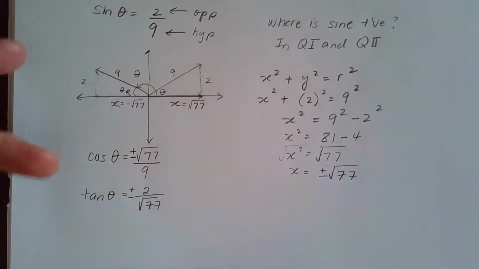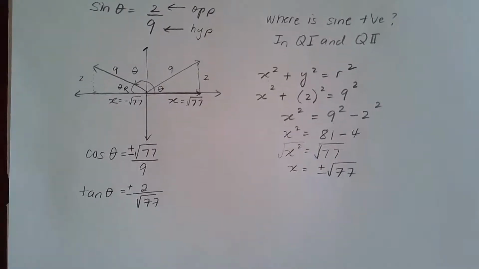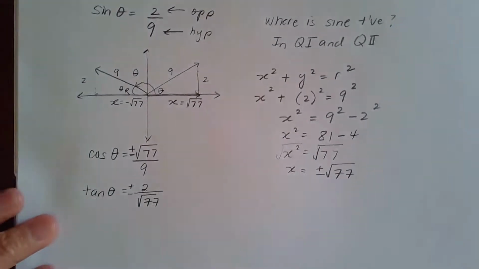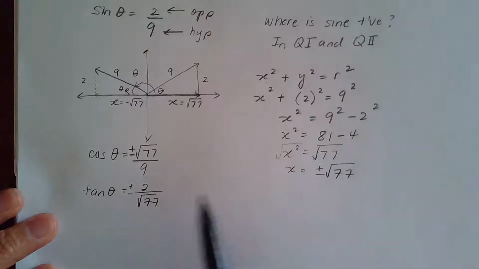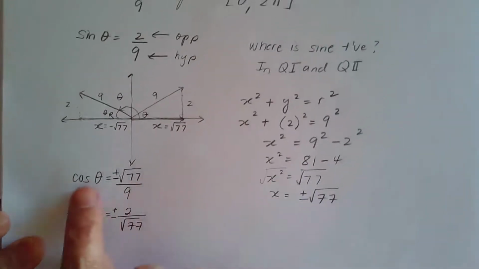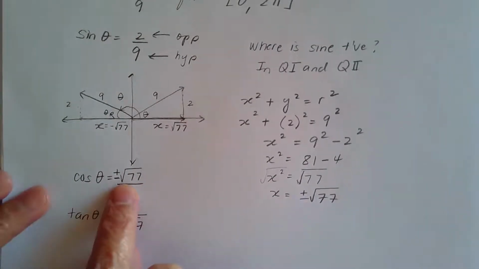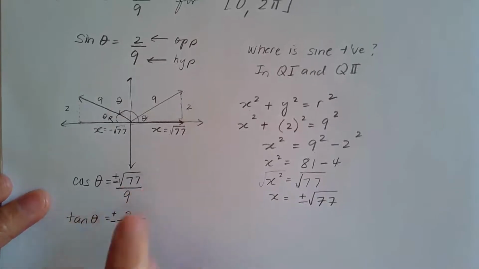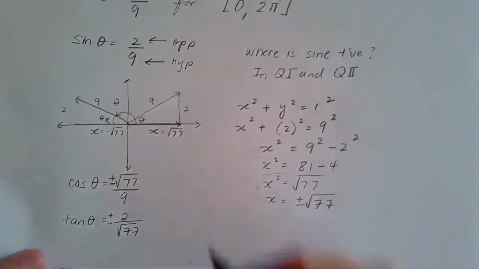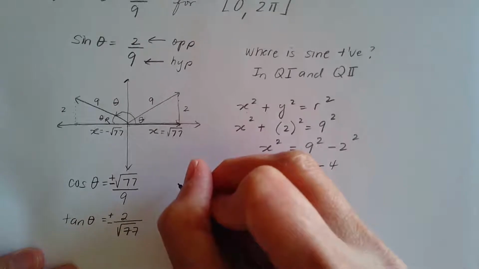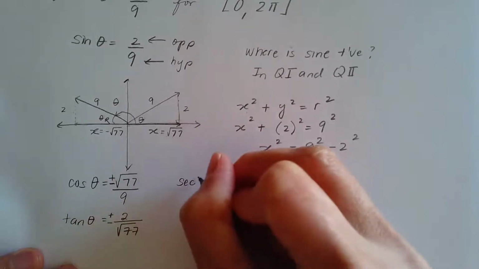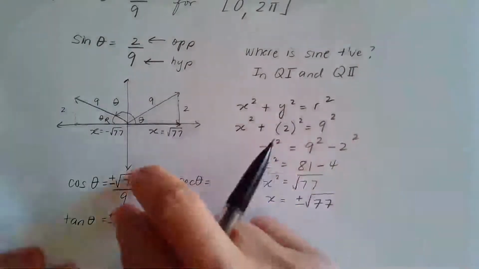Now what we're going to do is the other three, which are reciprocal. So if the cosine is plus or minus root of 77 over 9, then secant theta is equal to the reciprocal of that.